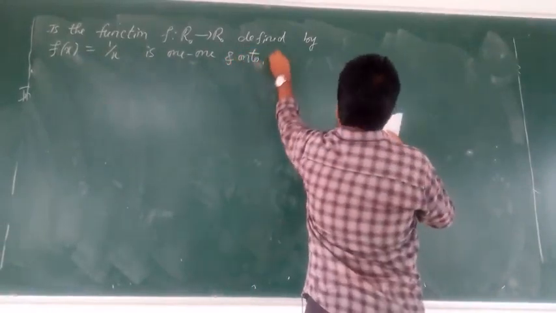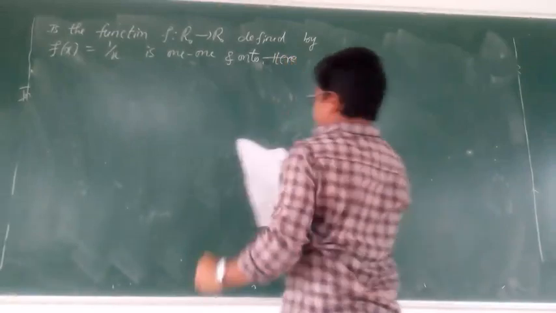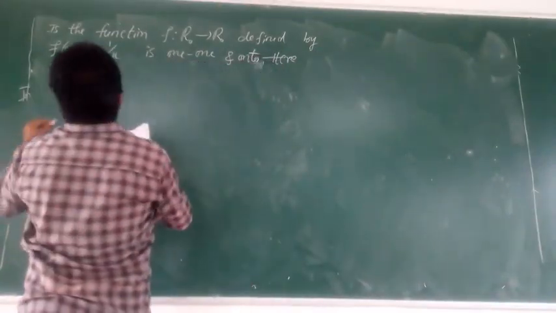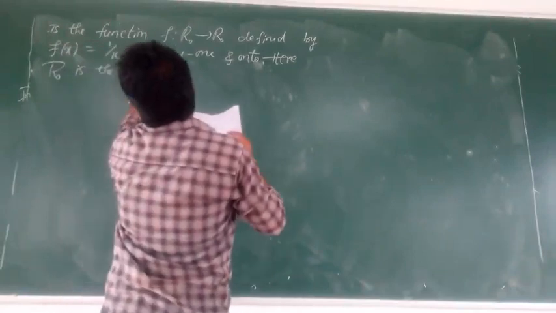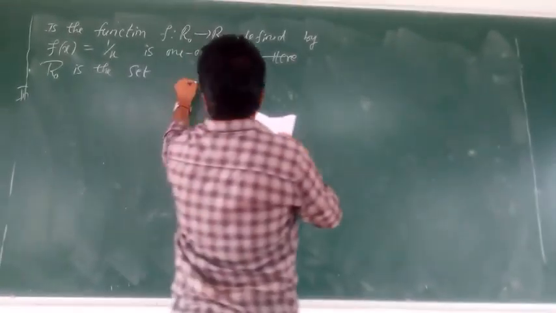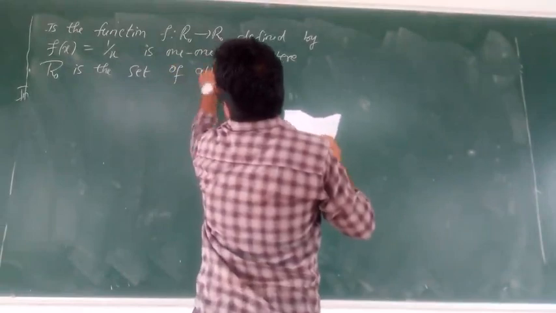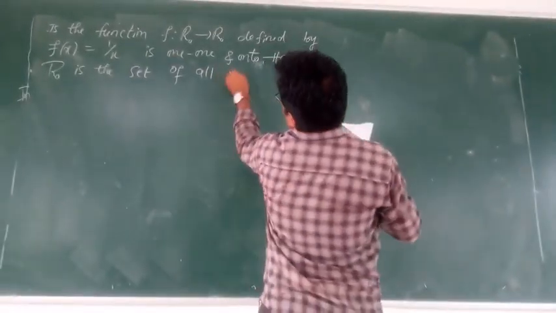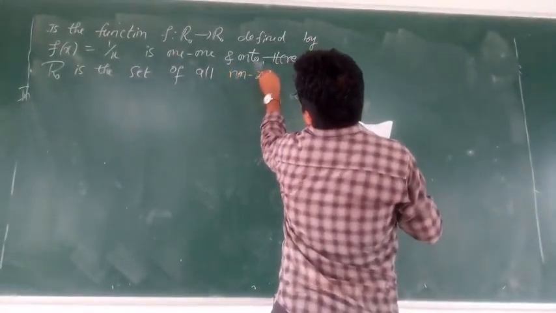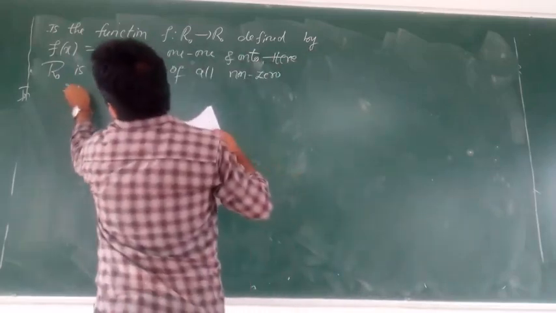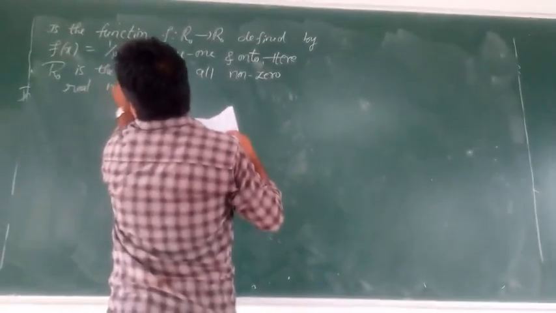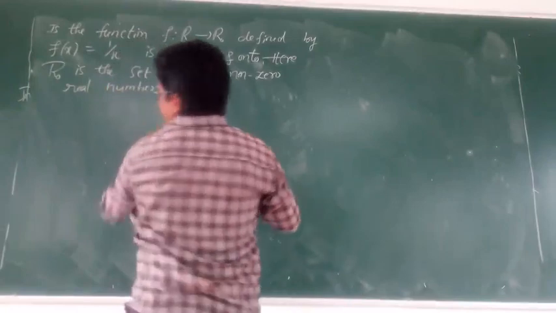Hence here R0 is the set of all non-zero real numbers, set of non-zero real numbers.